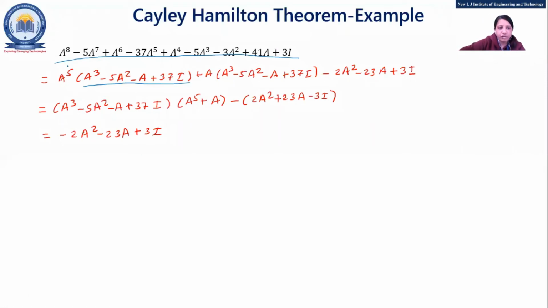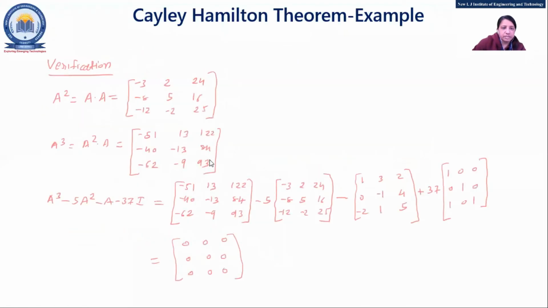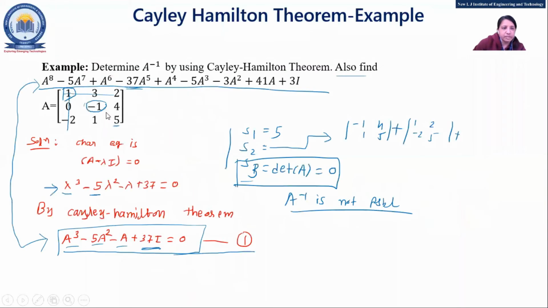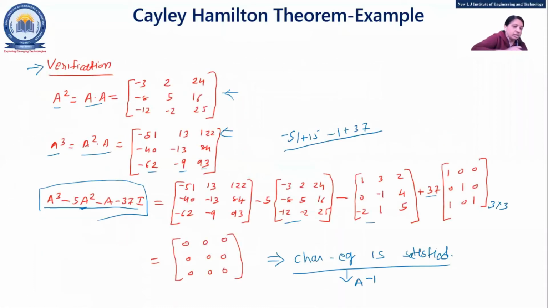So a raised to 5 common, again the same procedure, a cube minus 5a square plus, just a minute, minus a. Yes, here it should be a plus a minus a plus a6, or just a minute. Plus a raised to 6. I'll just verify in this one.